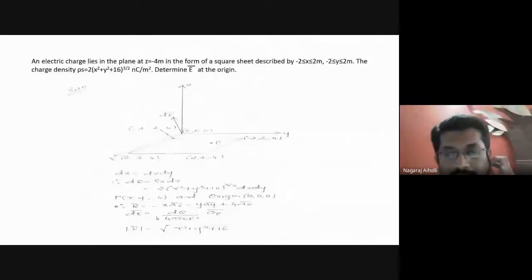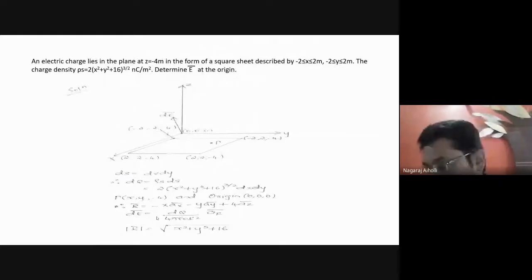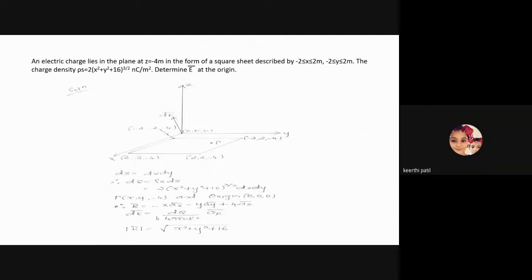Have you noted down? Yes, sir. Noted down. Okay, what is the final answer you're getting, students? Have you cross verified? Final answer for E bar is how much? Tell me, please. Final value.